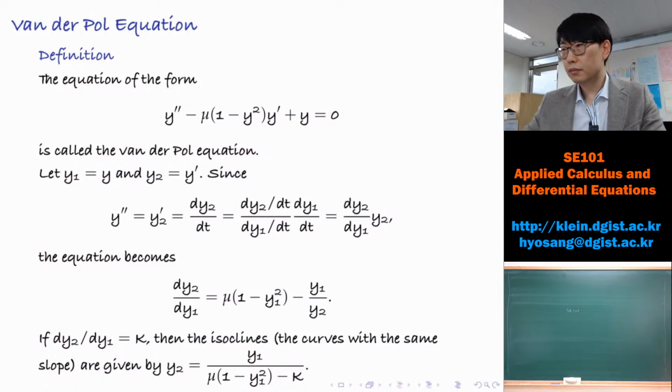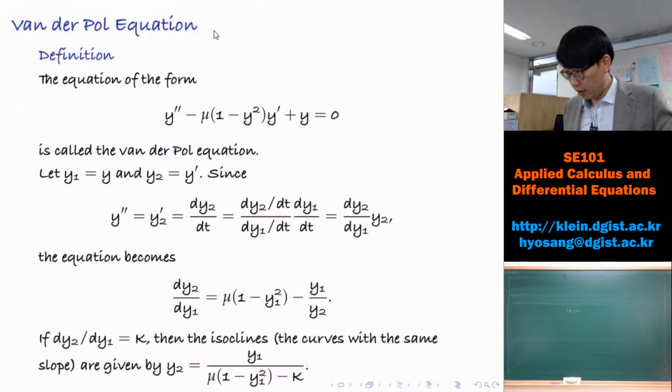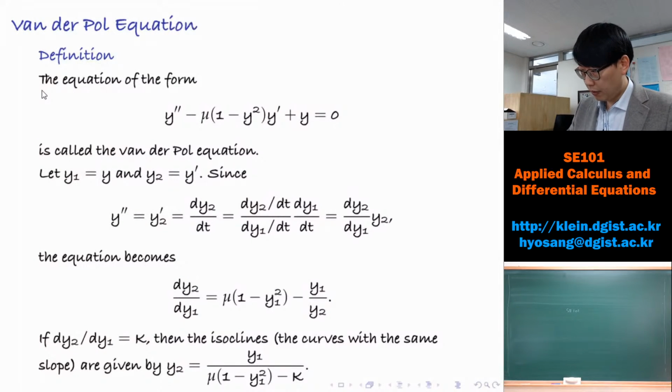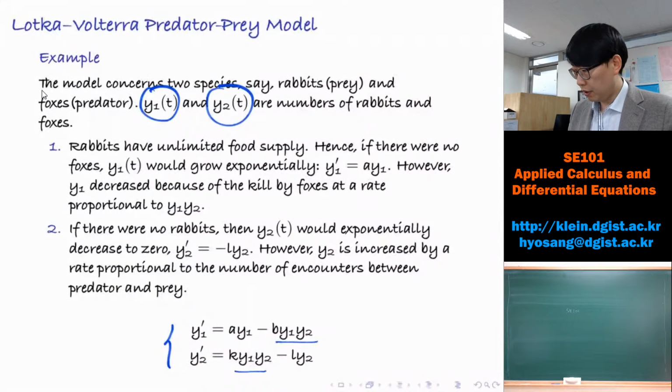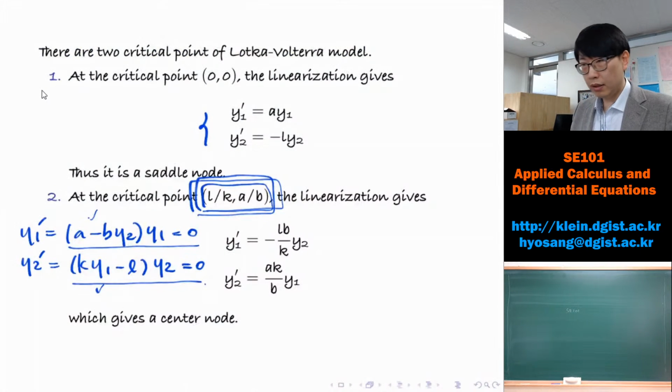Okay, let's start. So last time we talked about linear approximation of system of differential equations, and one of the examples was the Lotka-Volterra predator-prey model. By linear approximation, we found that there are two stable solutions. One is (0, 0), where there are no prey or no predators, so nothing happens.